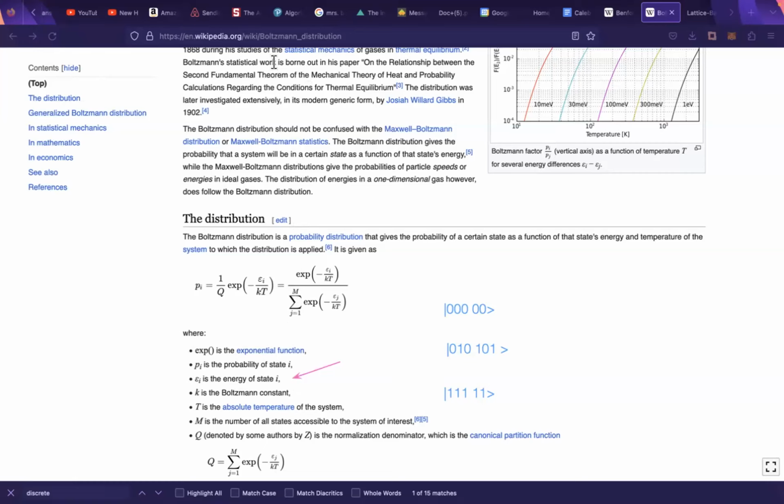For physical systems, the energy is something nature measures, for example how many electrons are spin up versus spin down. But in your case, you do need to choose this energy function, which is going to be the same as a loss function.